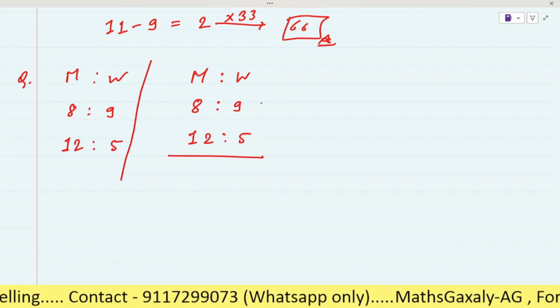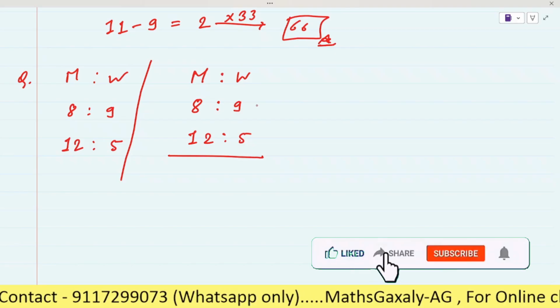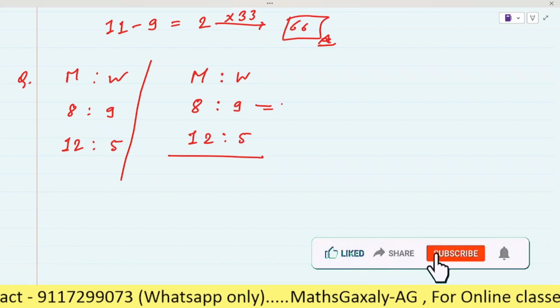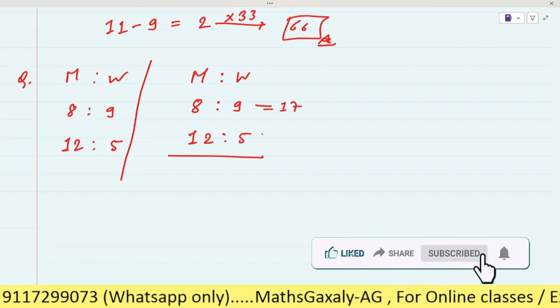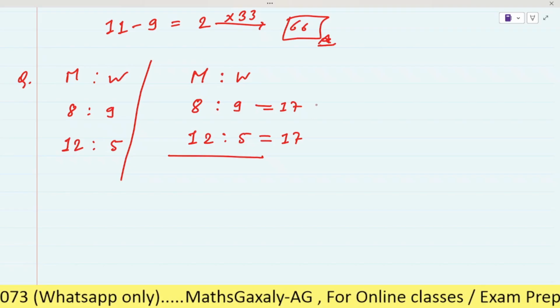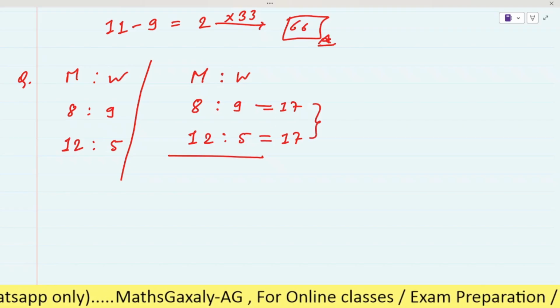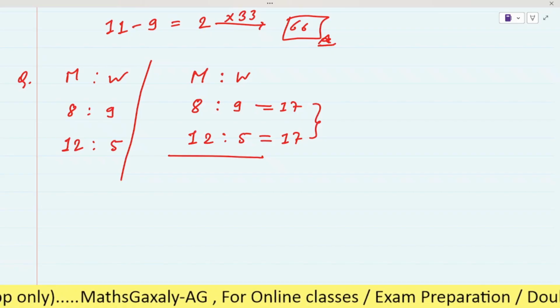As it is saying both containers contain equal quantity, you have to check whether they are equal or not. When you add 8 and 9, you get 17, and 12 plus 5 is again 17. So in both containers the quantity is the same.